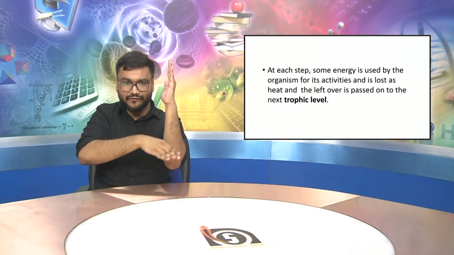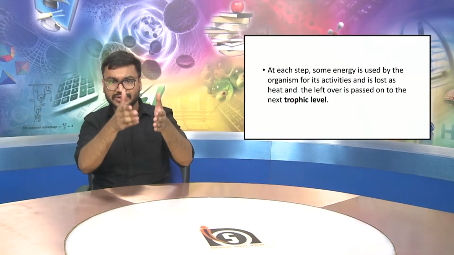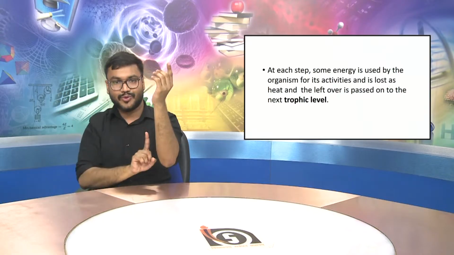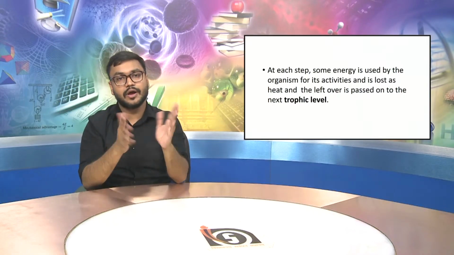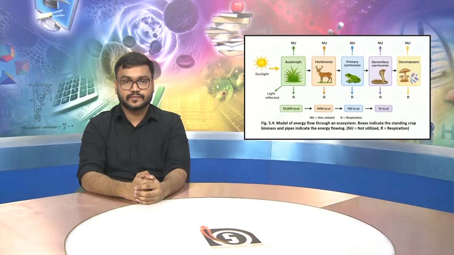At each step, some energy is used by the organism for its activities and is lost as heat, and the leftover is passed on to the next trophic level.